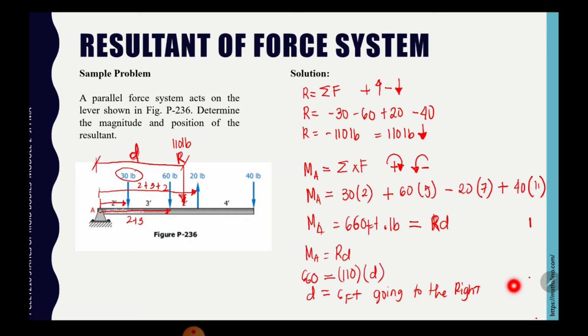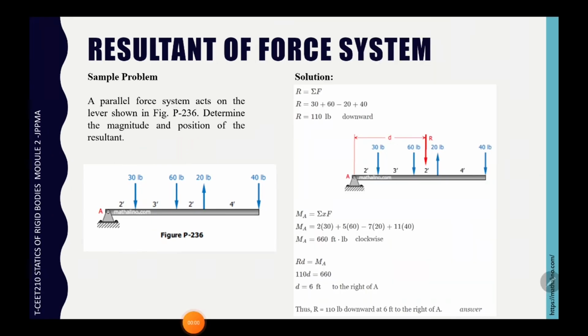Ayan, papunta dito. Tama to? Ayan, si D. So, thus, R is equal to 110 pound downward. So, nakompleto natin yung requirement, which is the magnitude of resultant and the position of resultant.